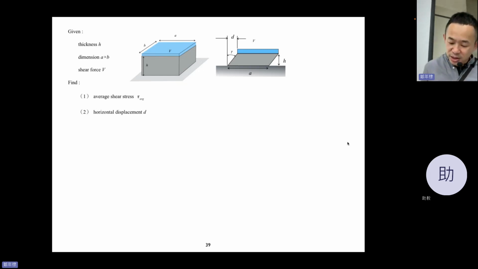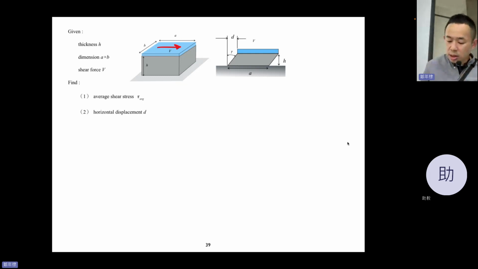So there's a thickness H in dimension A times B, and shear force is V. The shear force V acts parallel to the blue surface, and the gray material is what we are focusing on.